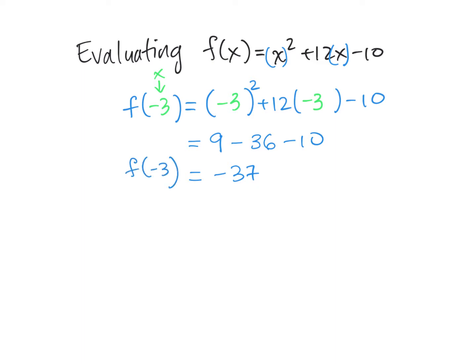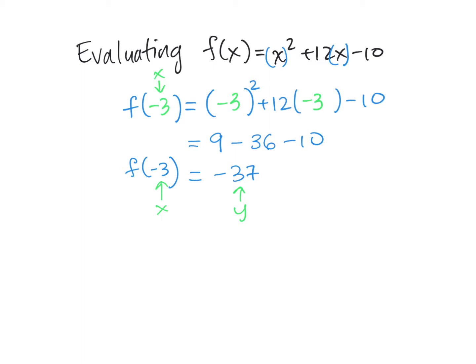So here's where we want to read this carefully. When I say f of negative 3 equals negative 37, that means the function named f evaluated for the x value of negative 3, let's make it green, that's my x value, equals negative 37. That negative 37, that is my y value, okay?